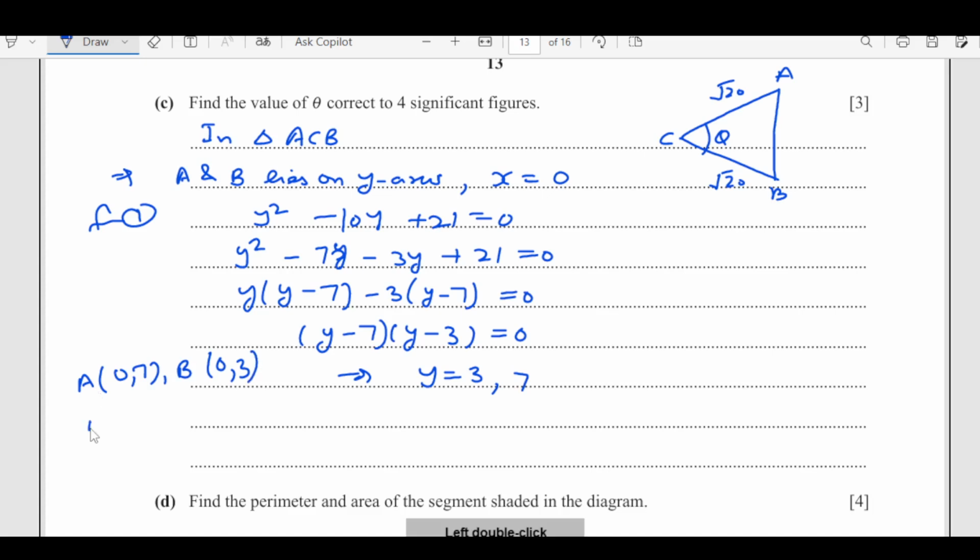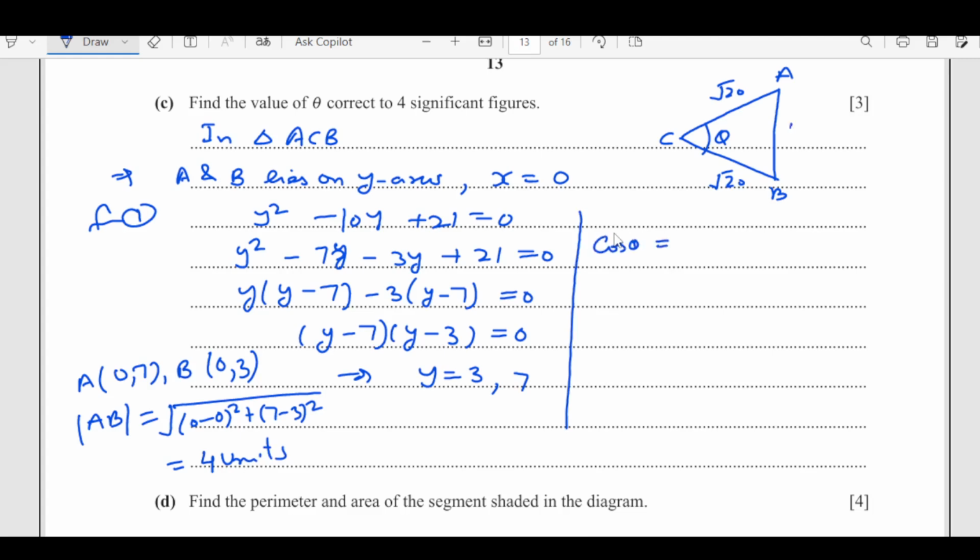So the length of AB is going to be, by distance formula, 0 minus 0 squared plus 7 minus 3 squared. This is 4 squared, 16, so this is going to be 4 units. So we got the length of AB as 4 units. Now we can use the cosine rule to find the angle. Cosine rule, where this side is now 4. So we will have square root 20 squared plus square root 20 squared minus 4 squared, over 2 times square root 20 times square root 20.